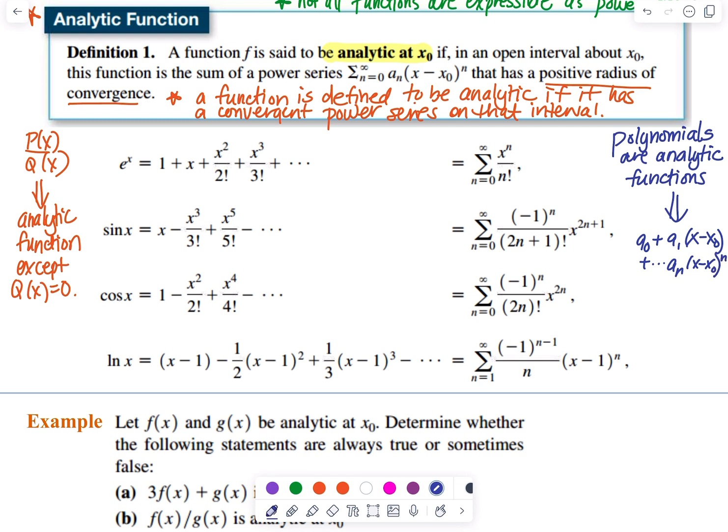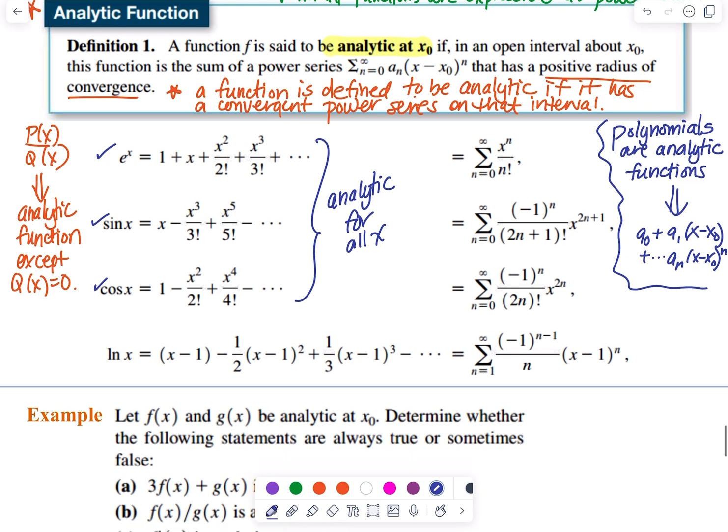Okay, so we've got our polynomial functions, and now let's take a look at some familiar functions. These are more of our elementary functions. We have e to the x, sine of x, and cosine of x. You can see here, these are all analytic for all x. And now the natural log is analytic for x greater than 0.